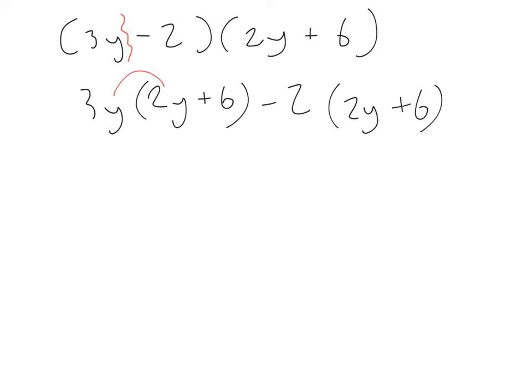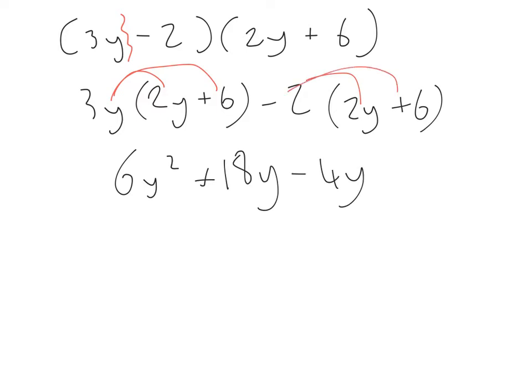I then do 3y by 2y is 6y squared. 3y by plus 6 is plus 18y. Minus 2 by 2y, minus 4y.